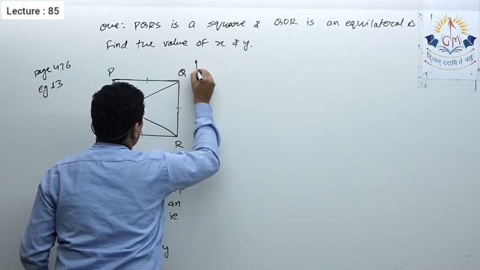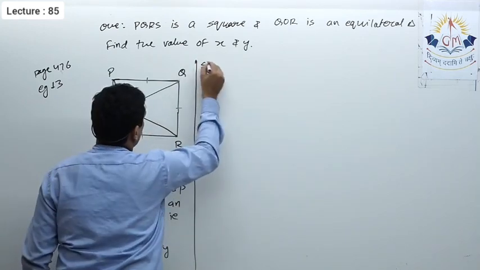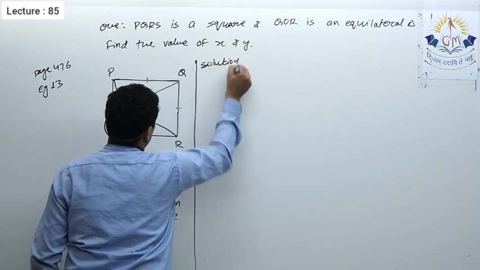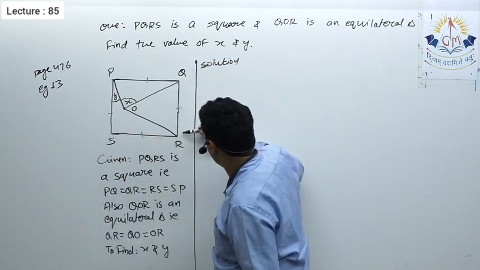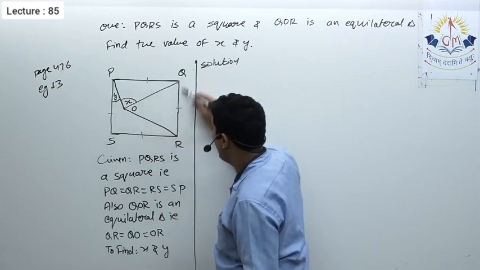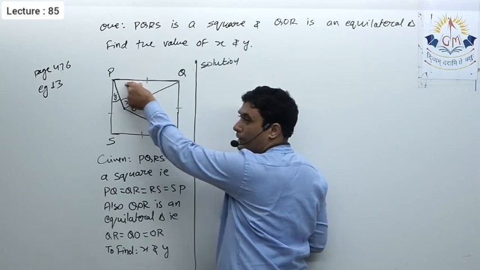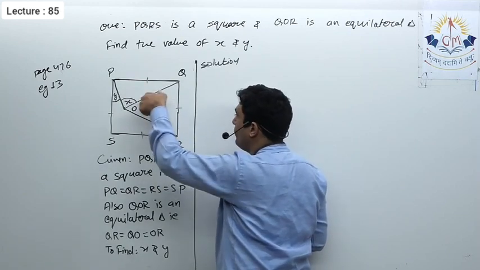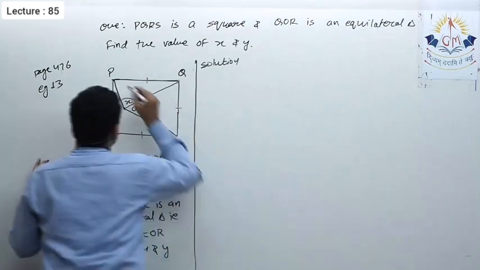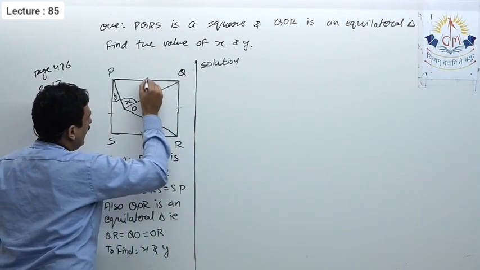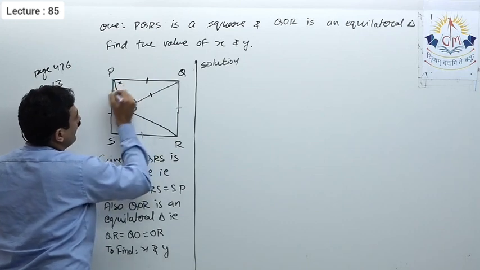So let us see how to solve this. Solution: it is given that QR equal to QP because sides of a square, and QR equal to QO because sides of an equilateral triangle. It gives us that PQ equal to OQ. As these two sides are equal, opposite angles will be equal, so this will be x.